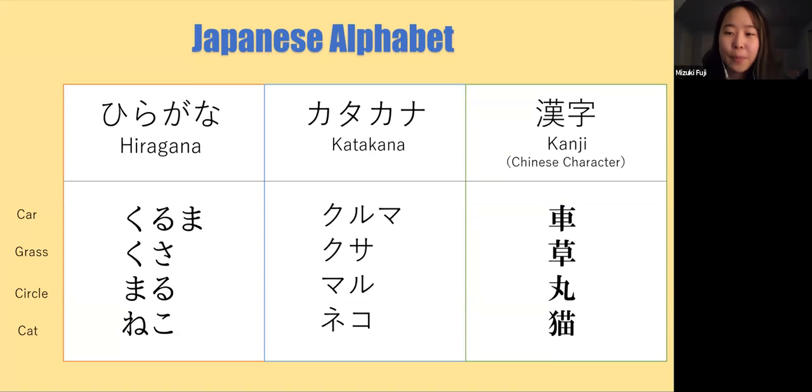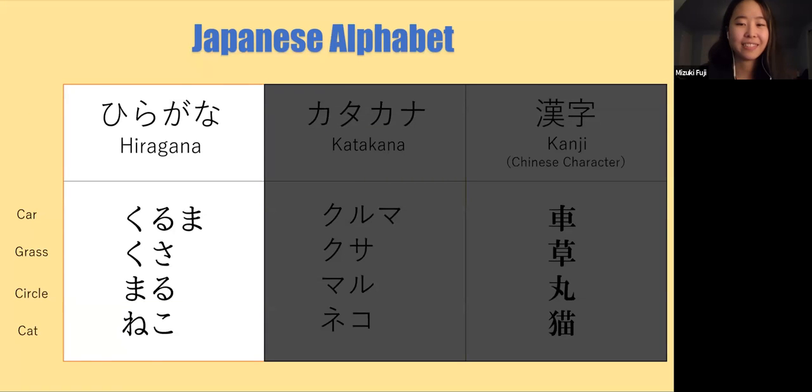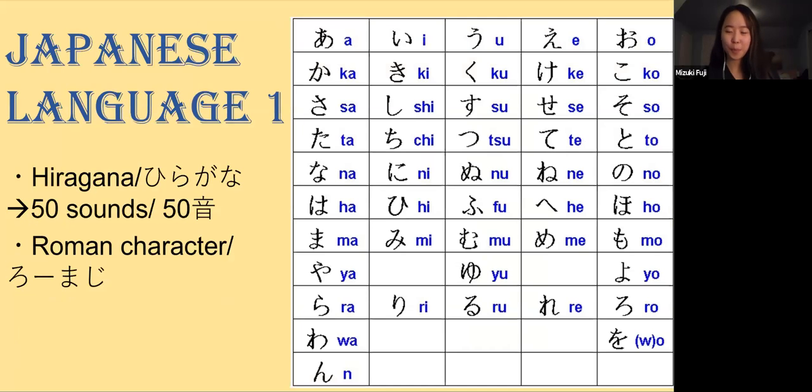First of all, people use three kinds of alphabet, which are hiragana, katakana, and kanji. But today, I think it's hard for you to learn all of them in only this time, so we are going to introduce only hiragana. Look at this slide.